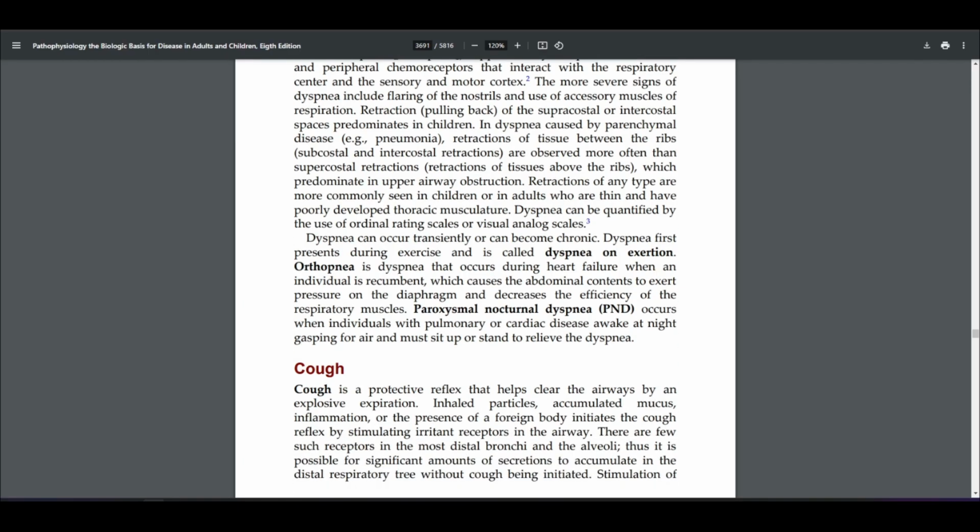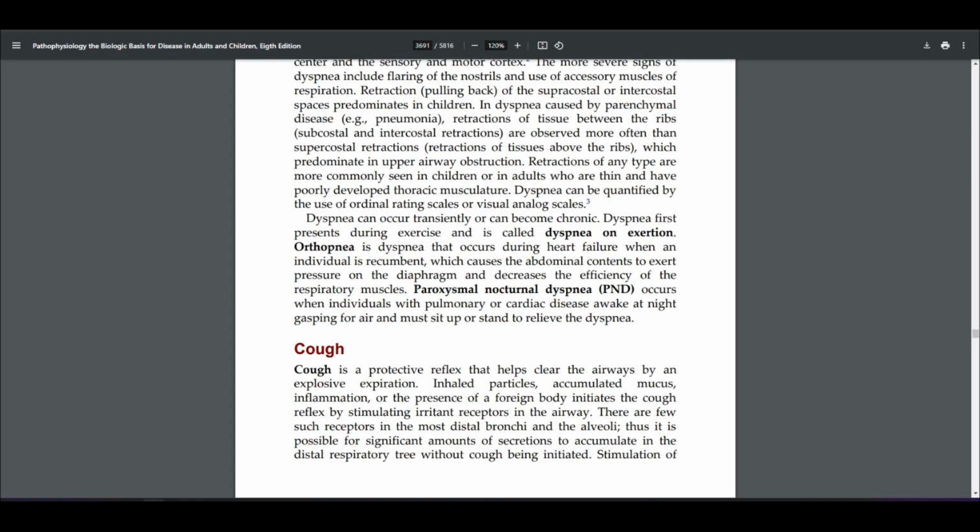Retractions of any type are more commonly seen in children than in adults, who are thin and have poorly developed thoracic musculature. Dyspnea can be quantified by the use of an ordinal rating scale or visual analog scales.